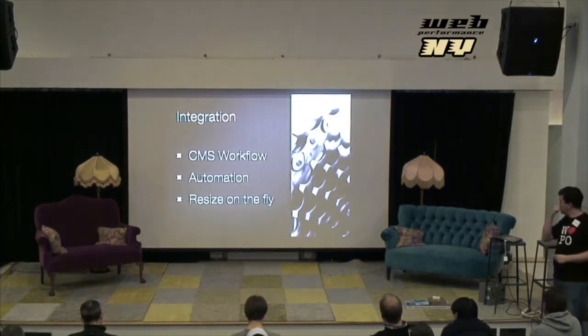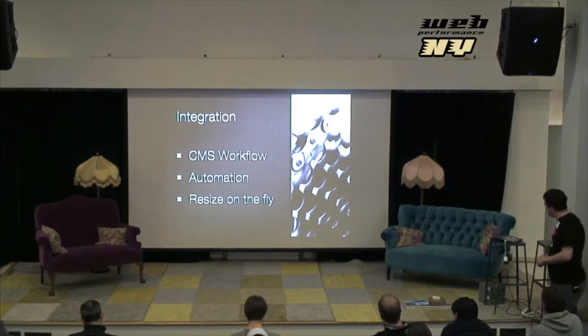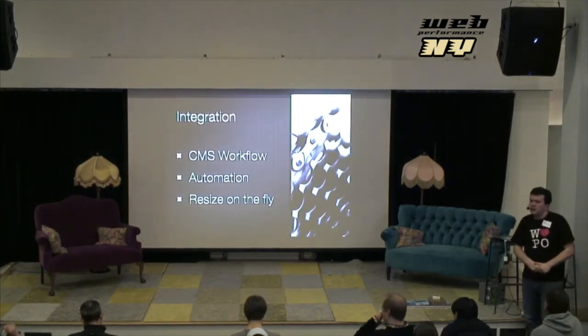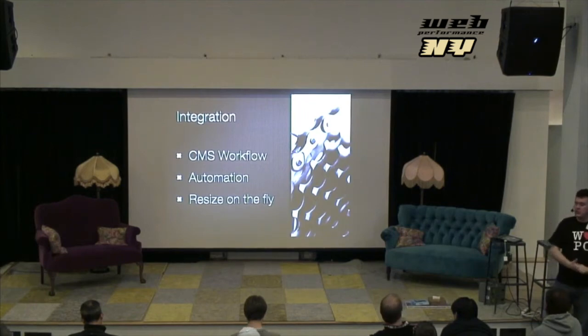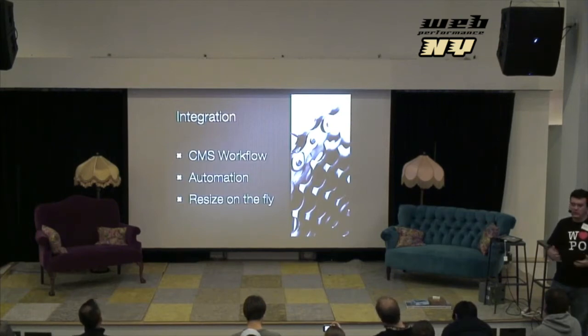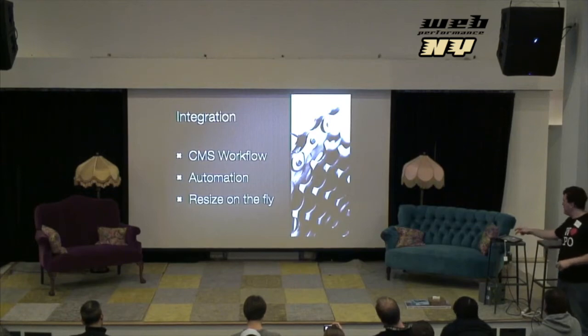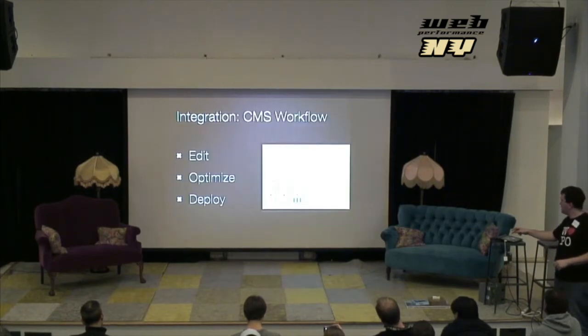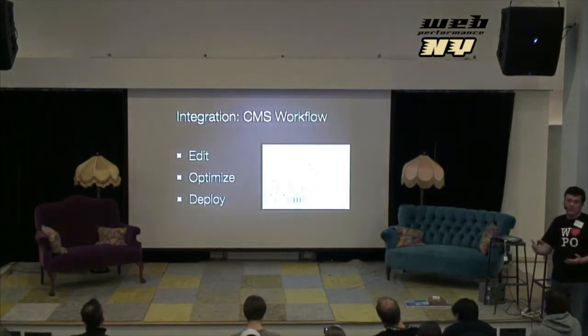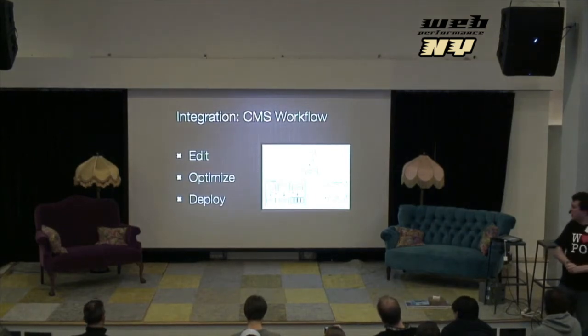Okay, so let's quickly talk about integration. How can you add responsive images to your site? I identified three approaches you can go through depending on your business. The first one is a CMS workflow. It works pretty well for a content site, where all the images are provided by your team.